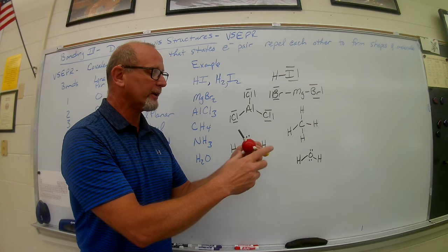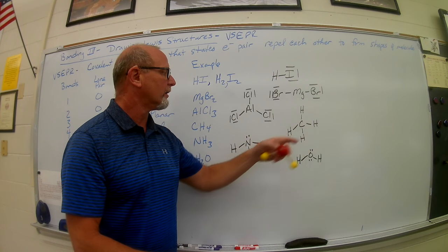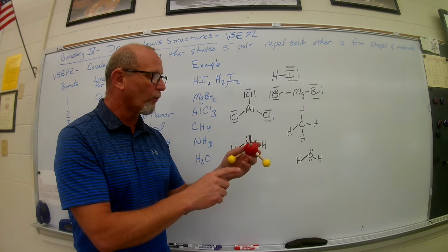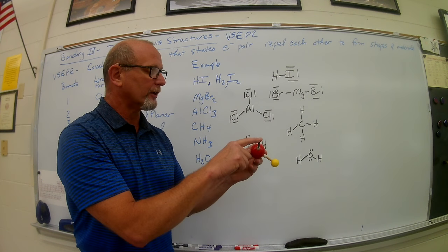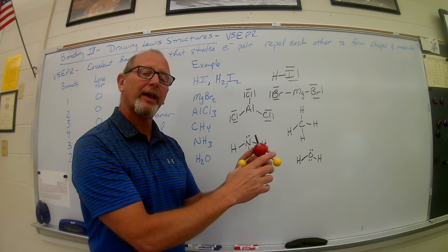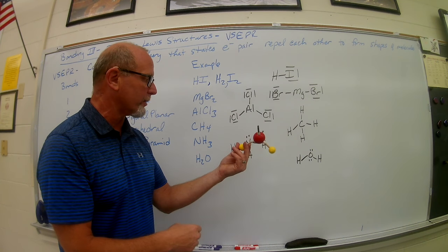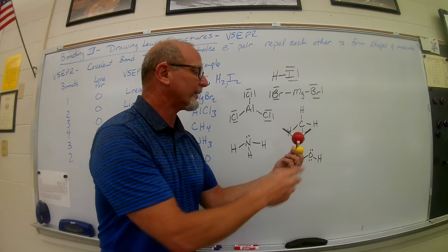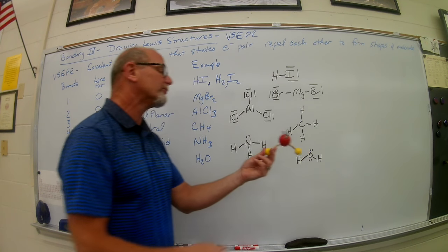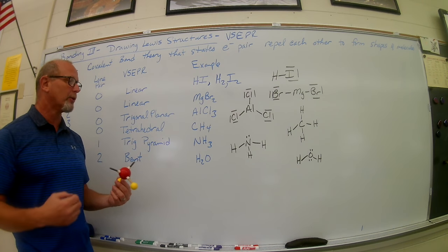They're a little bit different geometry than our tetrahedral. Even though there are four, these electrons repel more, so that's going to make this angle even a little bit smaller. We're not going to get into bond angles right now, don't worry about that, but we do need to know that is a bent shape of water, and that's very important to the structure and the chemical behavior of water.